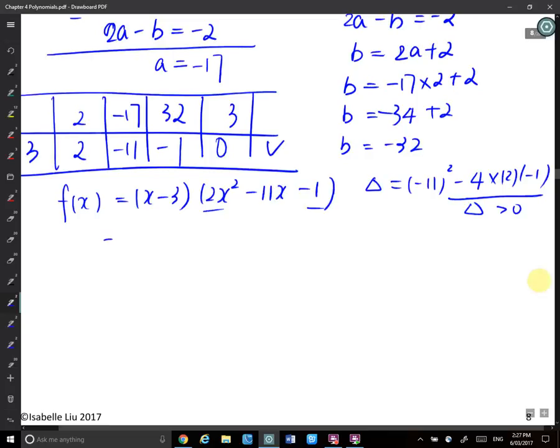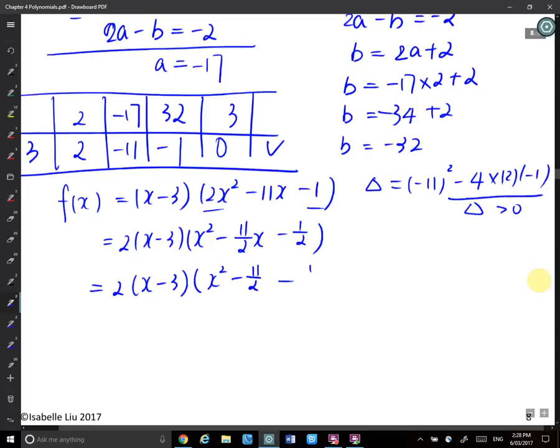So I will take a 2 as common factor out first. This will give me x squared minus 11 over 2x minus a half. And I will have x squared minus 11 over 2 plus 11 over 4 squared minus 11 over 4 squared, and still minus that a half here.